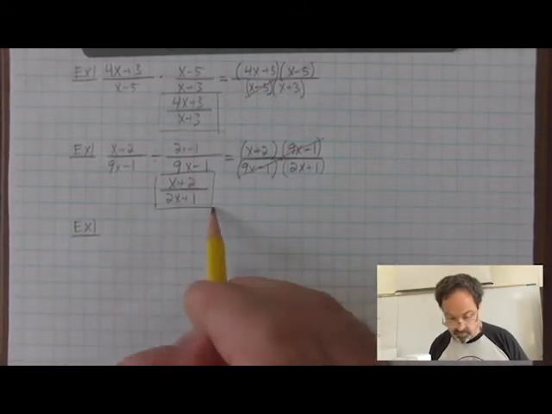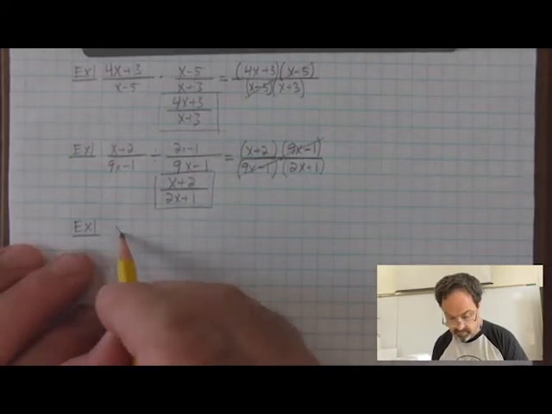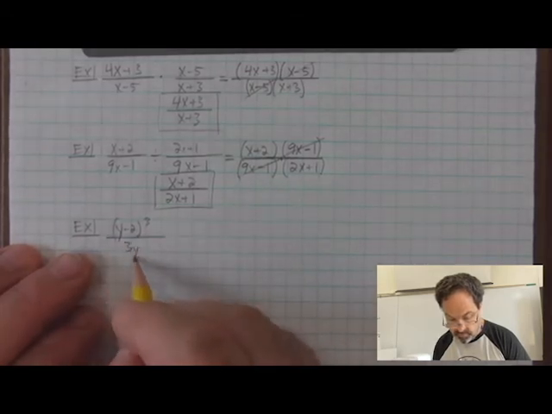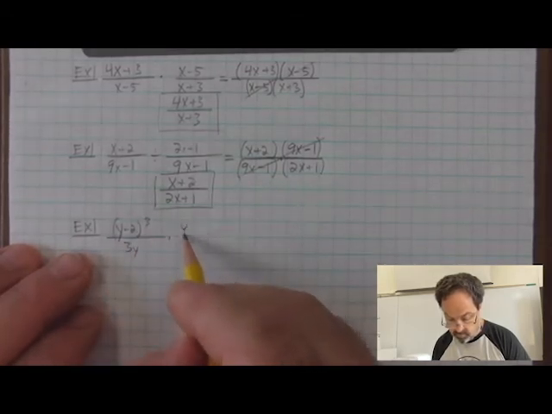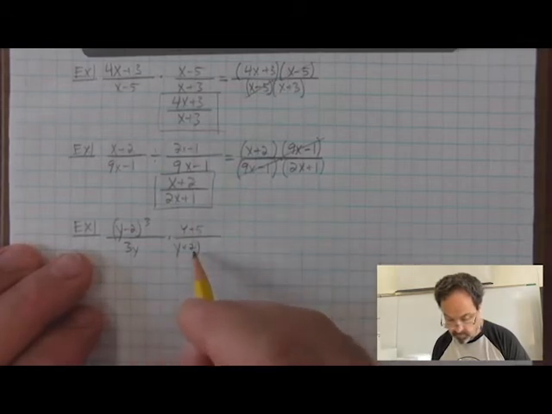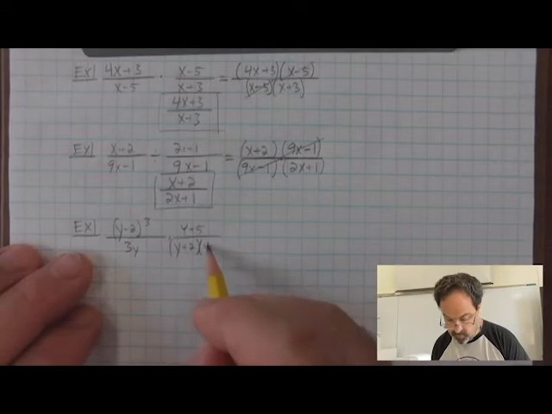Let's proceed with another example. In this case, (y - 2) all cubed over 3y times (y + 5) over (y + 2) times (y - 2).